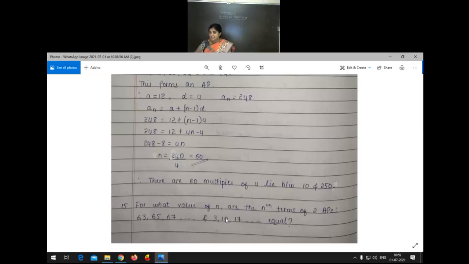The nth terms of the two APs are equal. Nth term, that is an. For the first AP, an is equal to a plus n minus 1 into d. The second AP's nth term is also an equal to a plus n minus 1 into d.